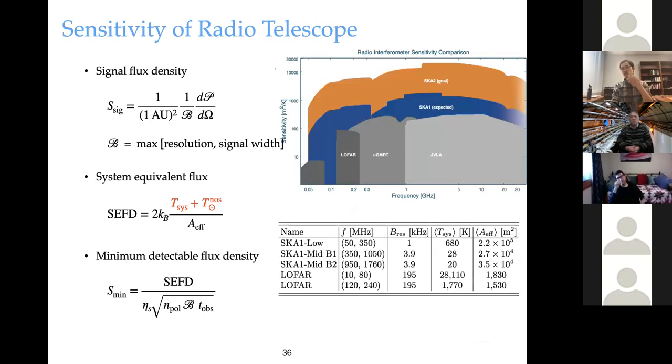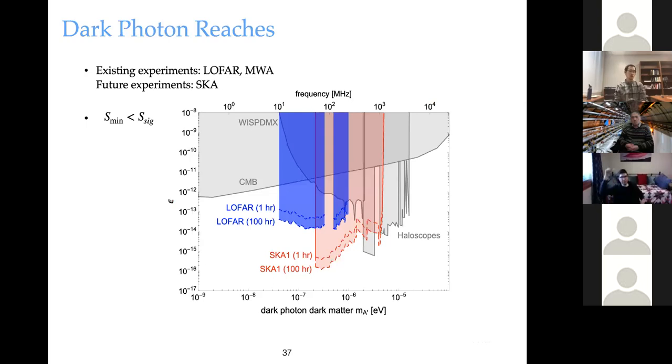Okay, here's some data we want to use. For example, in the future we have the SKA experiment. This is already committed to be built, and today we have the LOFAR experiment we can use. So let's look at the final result. The gray region is the constraints you already saw in the previous slides, and these are the current constraints.